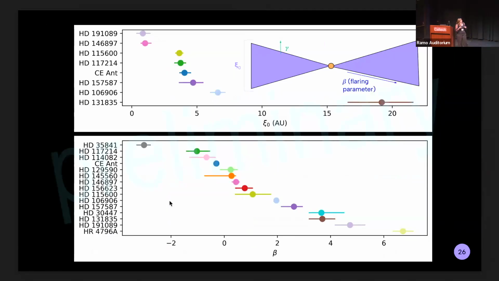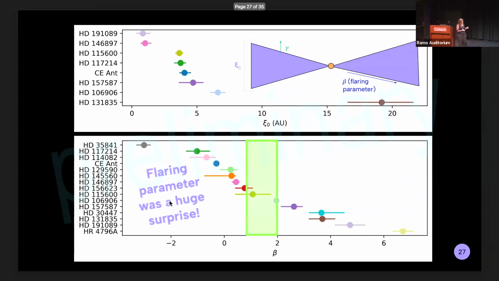And then this is an interesting plot of two parameters that are not commonly fit for. So on the top, we have the scale height, and on the bottom, we have the flaring parameter. So remember, that's how the disk flares out radially. And so historically, beta is typically assumed to be 1 or 2, and so this was a really big surprise. Across the GPI sample, we see a much larger spread in beta beyond this typical assumption.